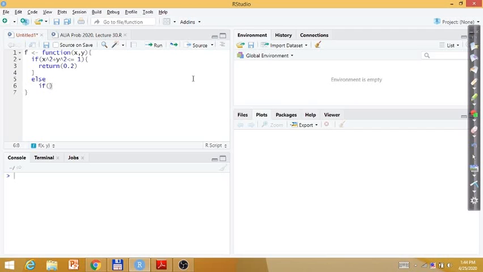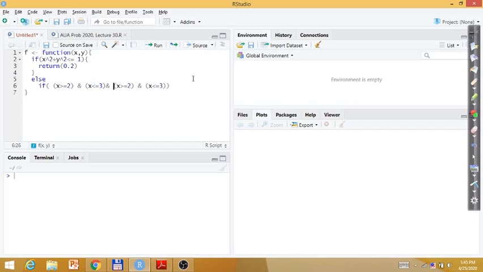else if x was between 2 and 3, so if x is larger or equal than 2 and x is less or equal than 3, and I am copying this and making that for y.